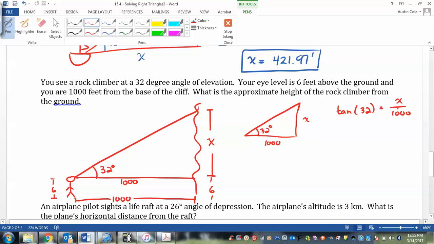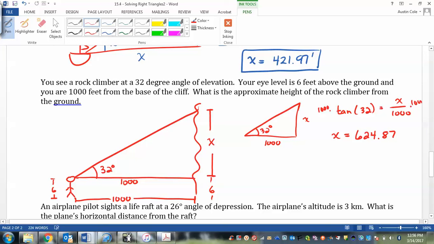Then we're going to multiply both sides by 1,000. 624.86.